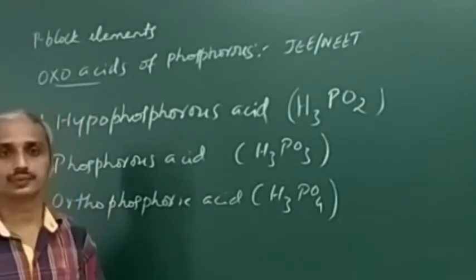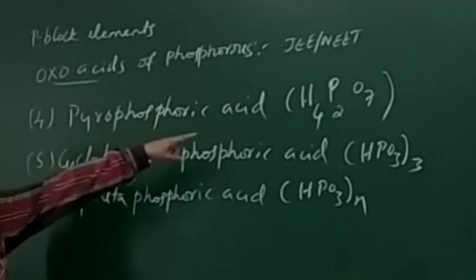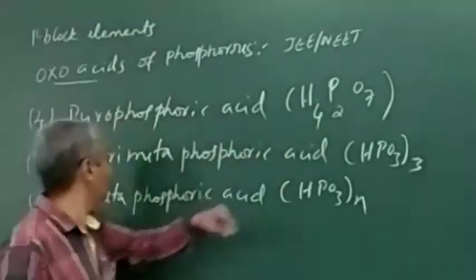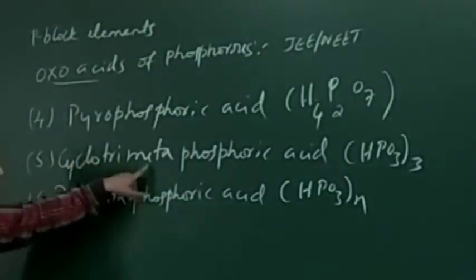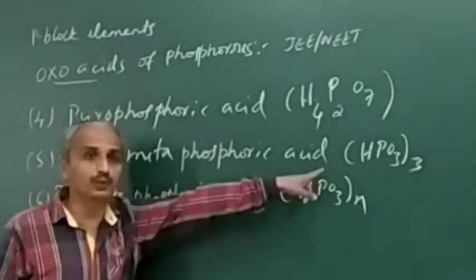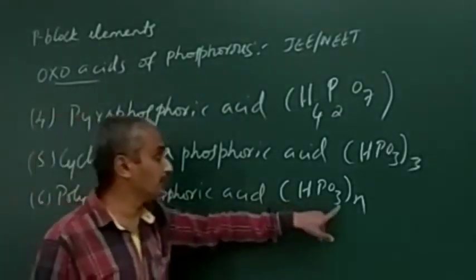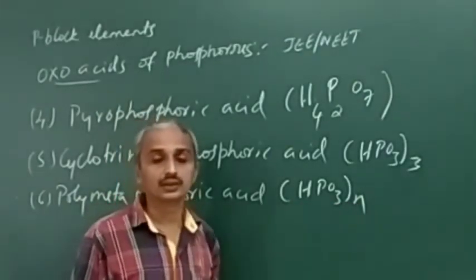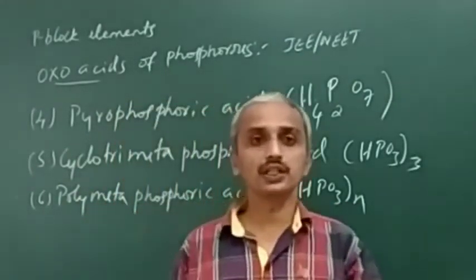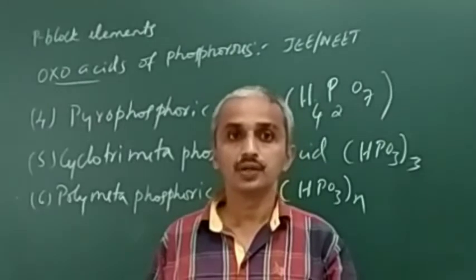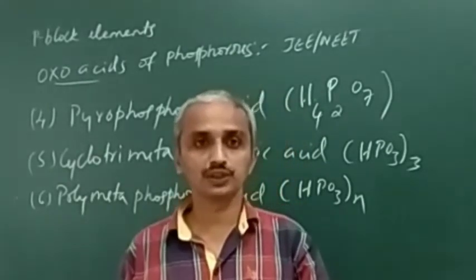What is the next one? Pyrophosphoric acid, H4P2O7. Then cyclotrimetaphosphoric acid, (HPO3)3. Polymetaphosphoric acid, (HPO3)n. These are the 6 important oxo acids of phosphorus.